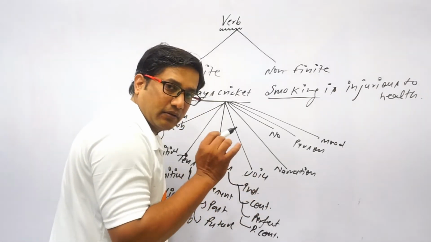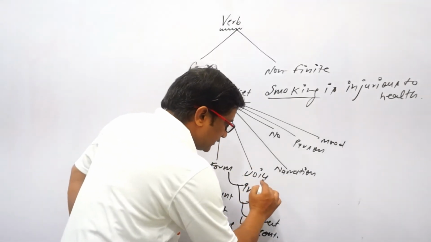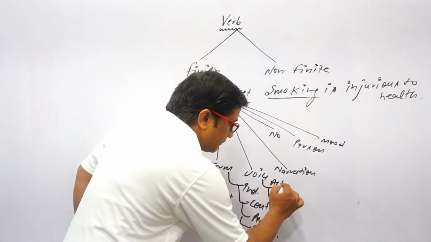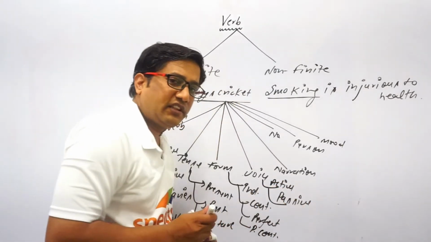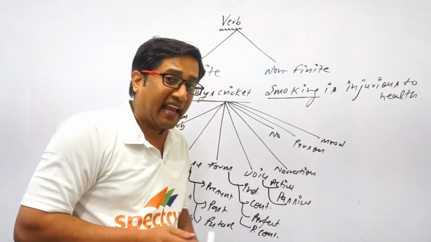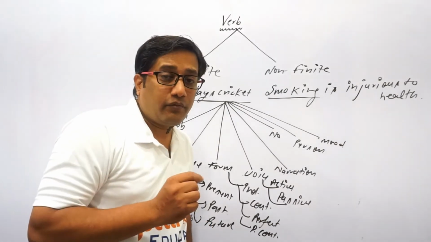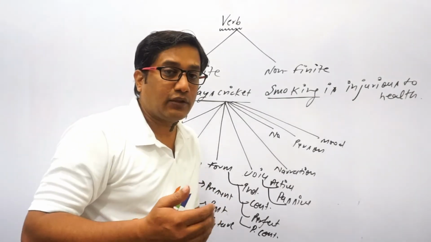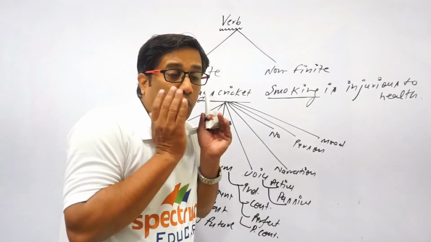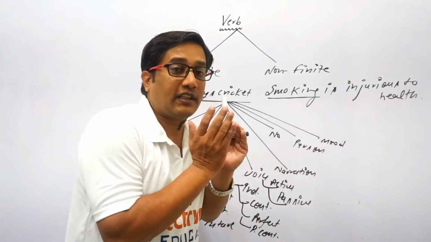Voice has again 2 parts, that is active voice and passive voice. So what's the difference? There is no difference of meaning in active and passive voice, but the difference of emphasis. When you say anything in active, it means your whole focus is on the subject.